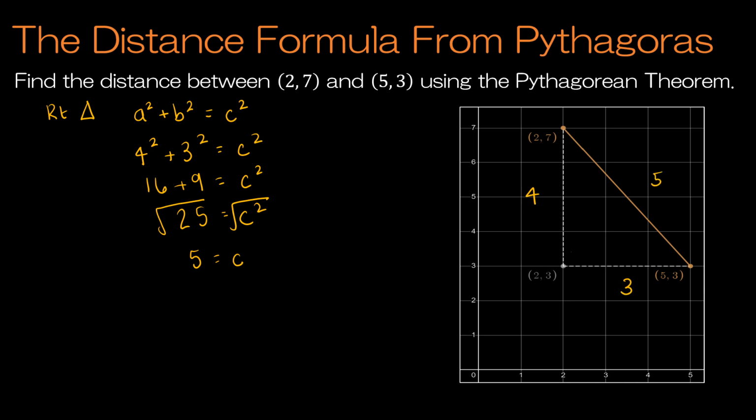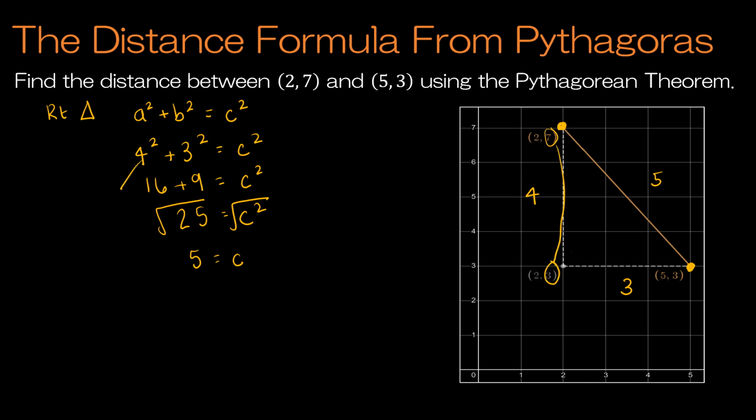But the question is, how can we do that without having to draw the triangle? What if I just had the point (2, 7) and (5, 3)? So let's think about where these values came from. If I wanted to find the value of 4, essentially what I did was take 7 minus 3.